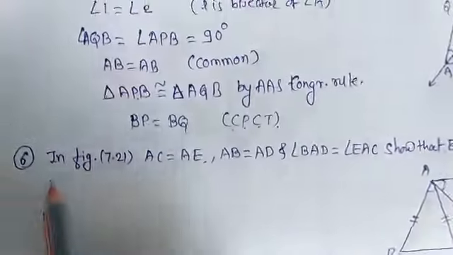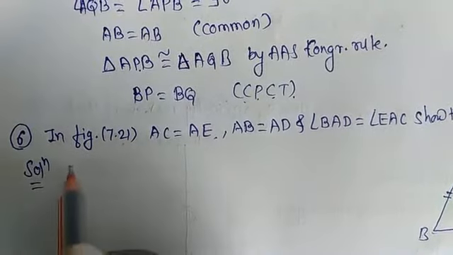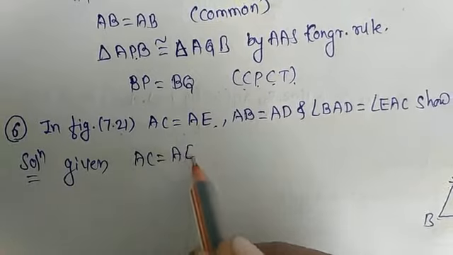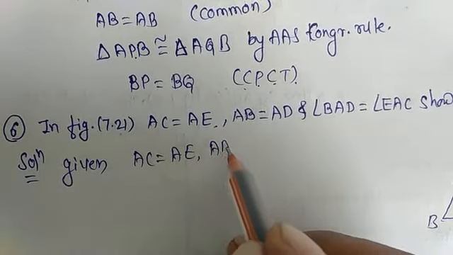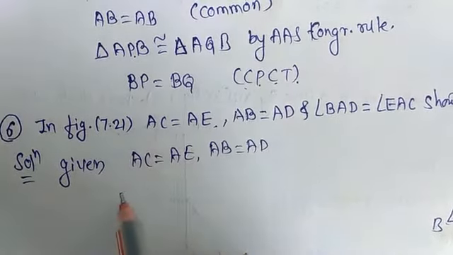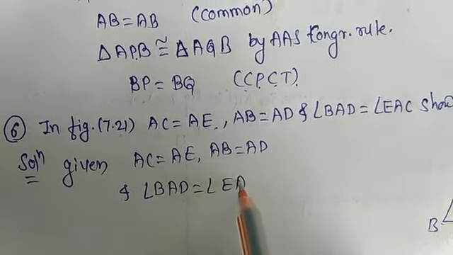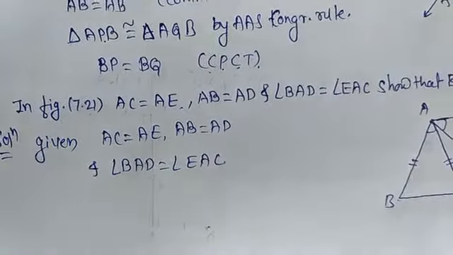Okay, now in the solution, first of all we will write the given part. It is given that AC is equal to AE, AB is equal to AD, and angle BAD is equal to angle EAC. Okay, this is our given part.